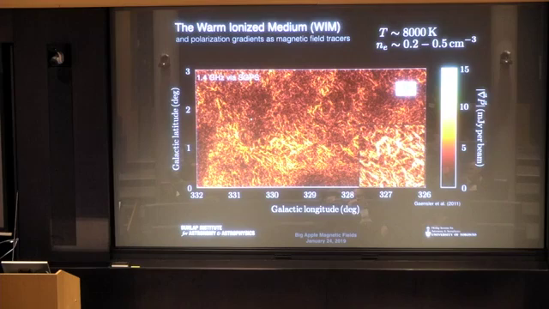And how this is being interpreted is you have abrupt changes along the line of sight of either your parallel magnetic field or the thermal electron density that's causing the Faraday rotation. So these properties can be changing along the line of sight, and that's going to cause your polarization gradients.